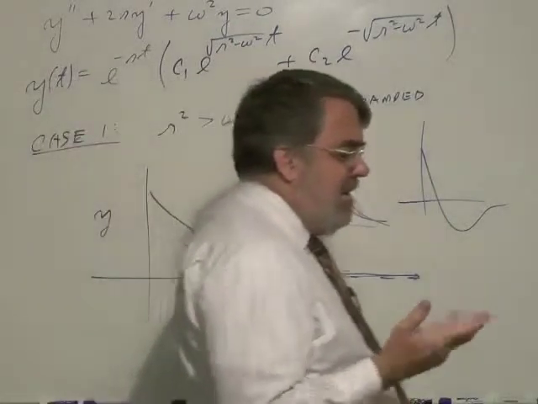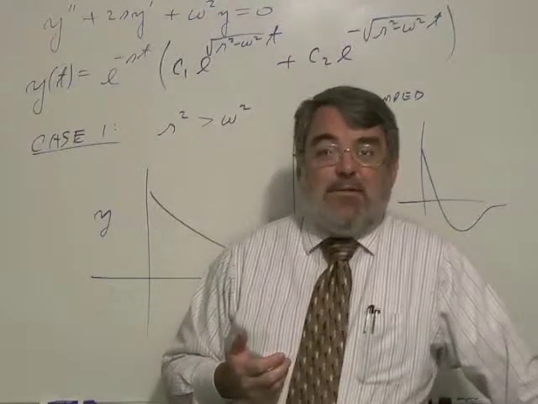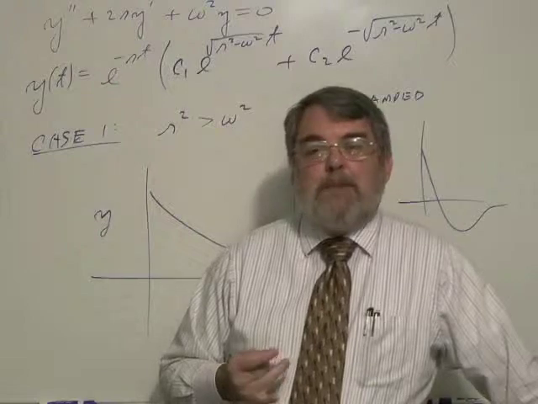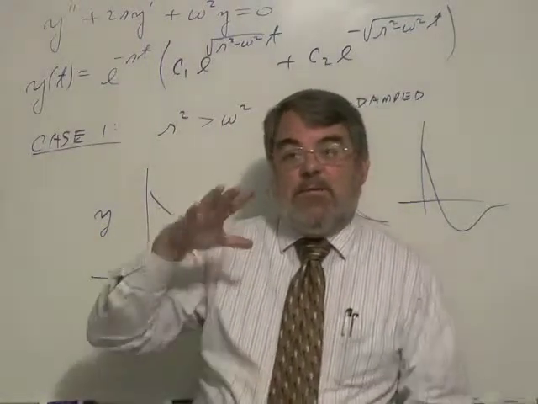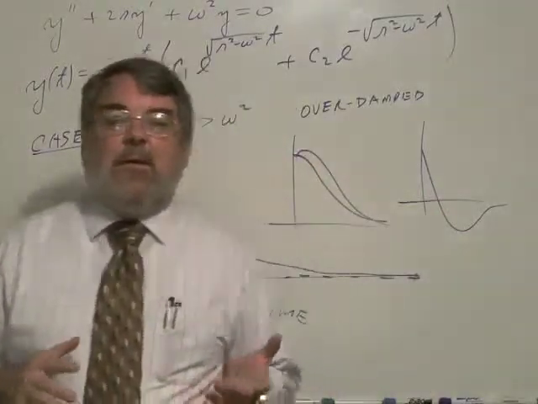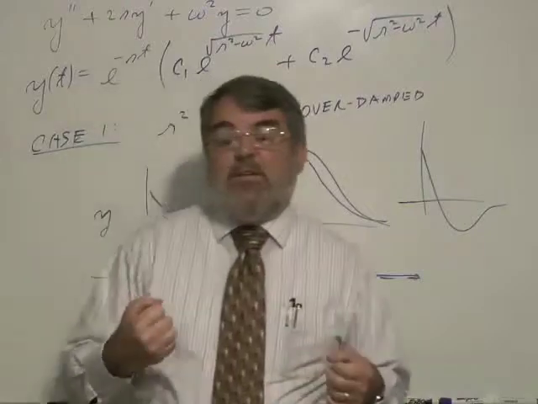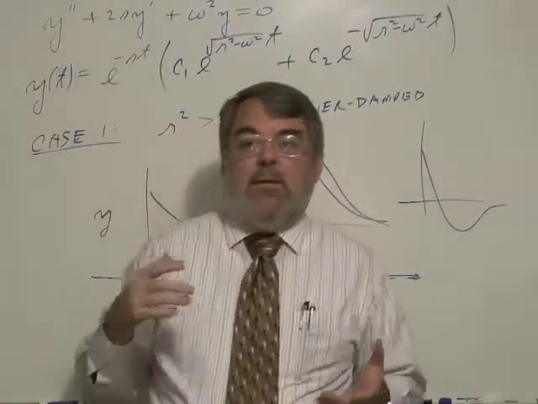And what is overdamped in real life? Well, your shock absorbers tend to be overdamped, because if they're tight enough, then the stiffness and the resistance is enough to overcome any kind of bounce.